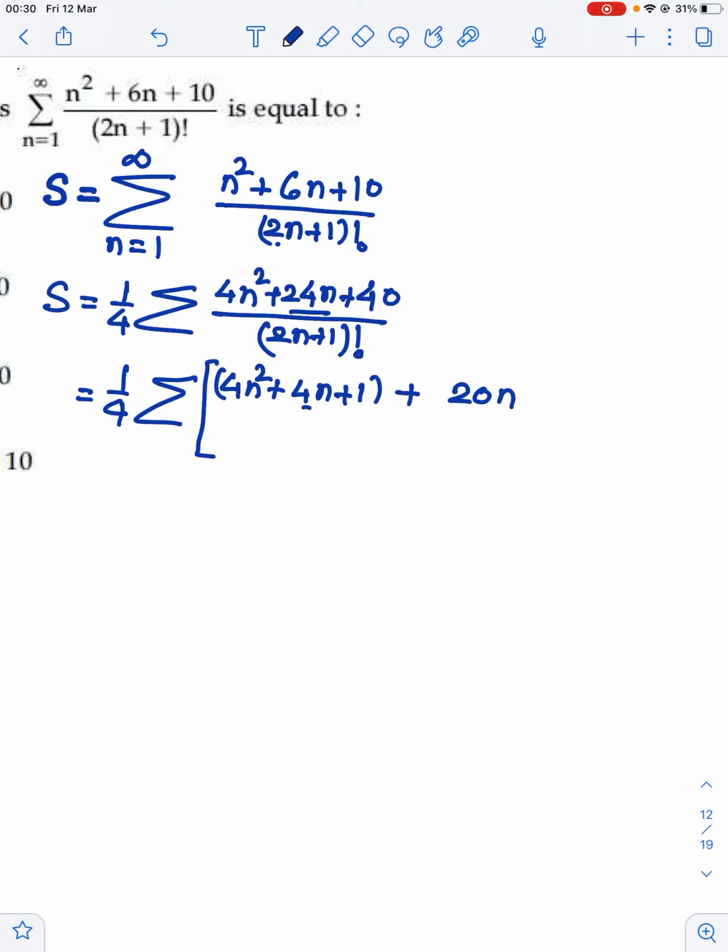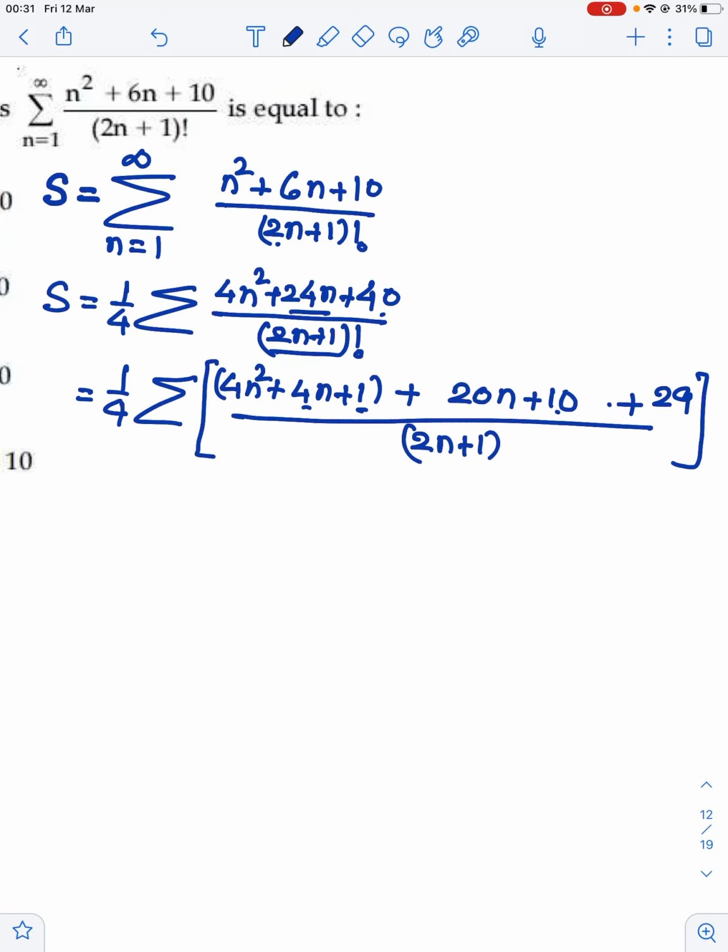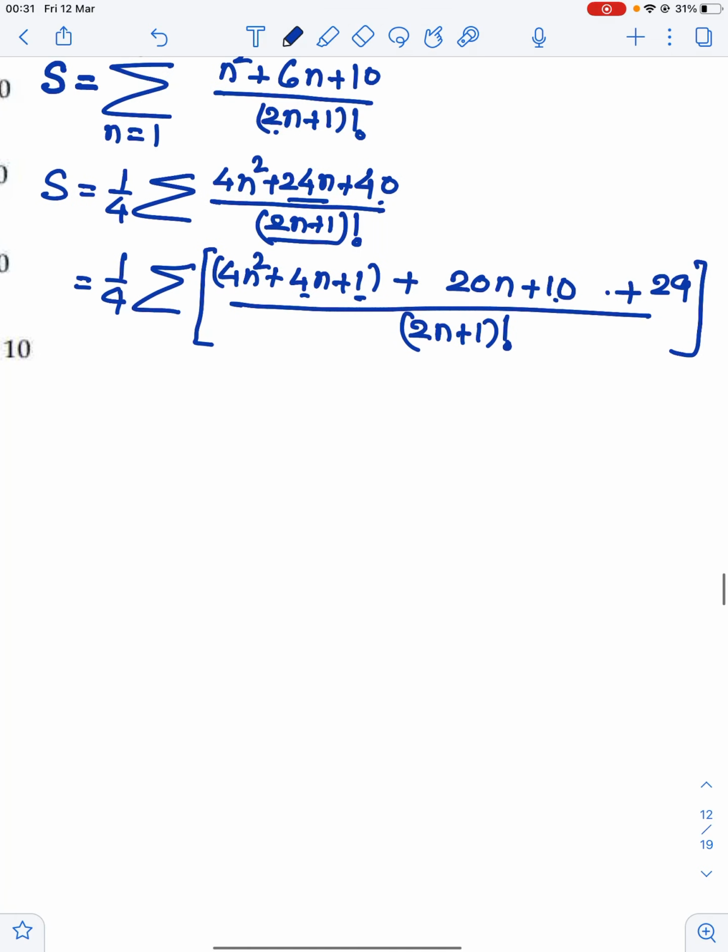So rest is 20n. So I am eyeing for 2n plus 1. So for 2n plus 1, it requires 10 over here. So out of 40, 1 is here, 10 is here. So 11 gone, becomes 29 whole divided by 2n plus 1 factorial. So this is 1 upon 4 sigma.